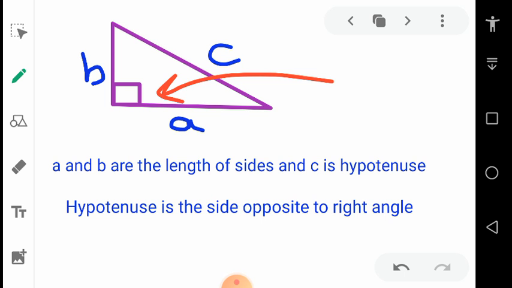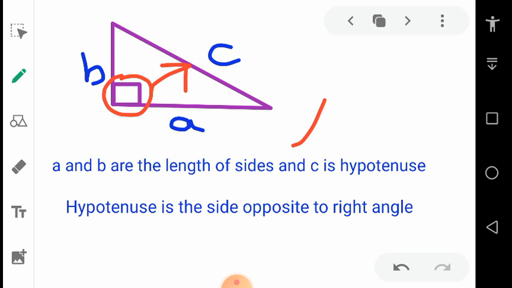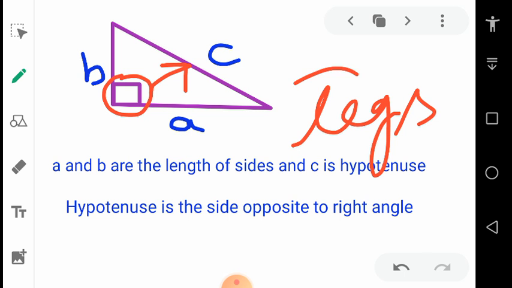In this diagram this is a right angle and this is the side opposite to the right angle, and that is called hypotenuse. So remember, in a right angle triangle the side opposite to right angle is called hypotenuse. And the rest of the sides are just called the sides or legs. Sometimes we use legs, two legs which include the right angle.